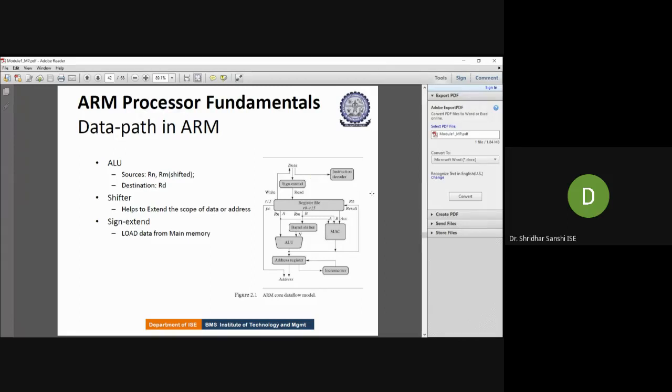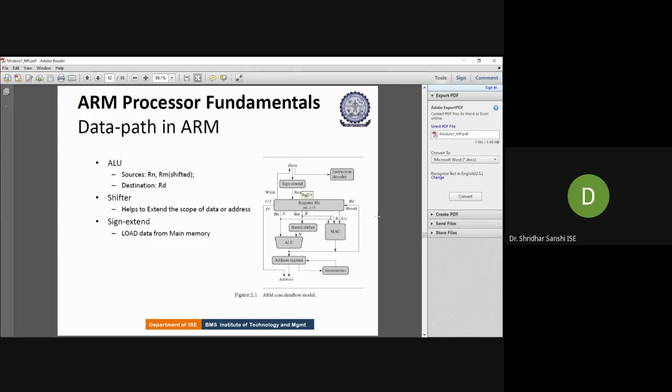If it is a data item, it will check whether it is signed data or not. If it is signed data, like 8-bit, 16-bit, or 32-bit signed data, this data will be expanded so that the value will be 32 bits. That is the intent of the sign extend. If it is already 32-bit, it goes directly to the register file.